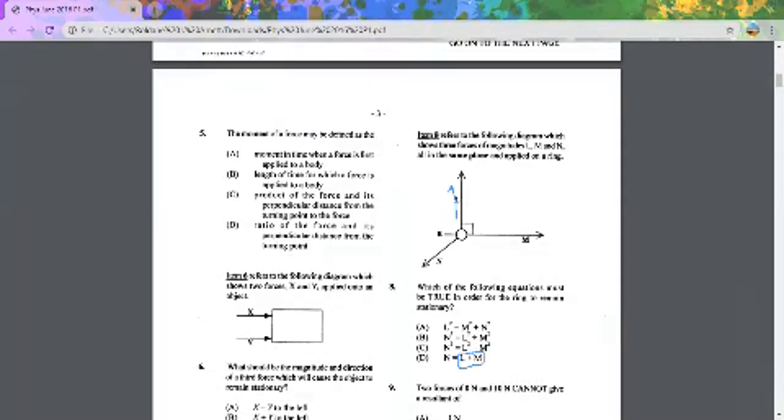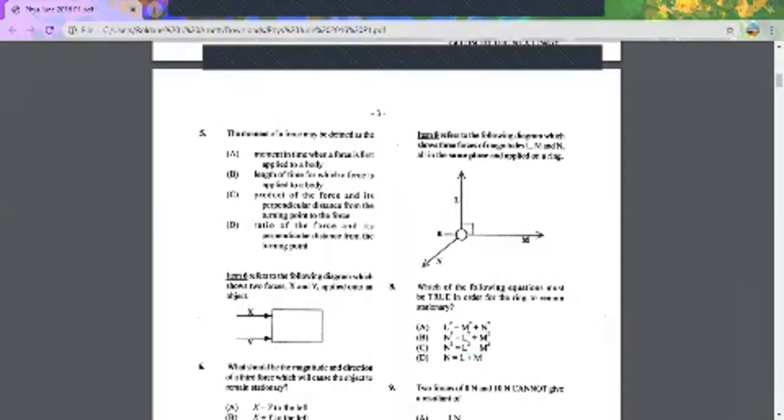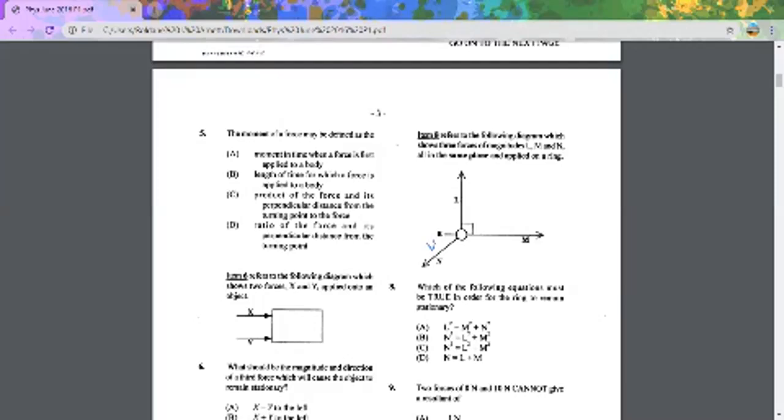So the reason why the answer would be D is because N, the resultant force of L plus M, would equal N. So N in itself is actually L plus M. So the two forces, L plus M, are equal to this one force N right here.